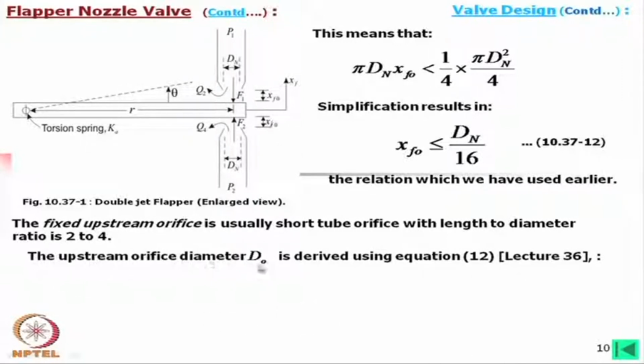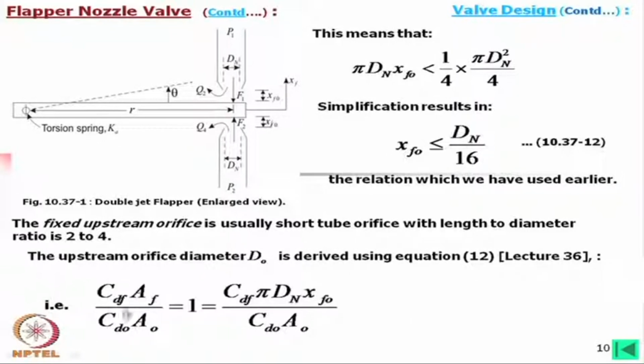The upstream orifice diameter d0 is derived using these equations. We would like to maintain this ratio equal to 1, where AF is the curtain area and A0 is this upstream orifice area.